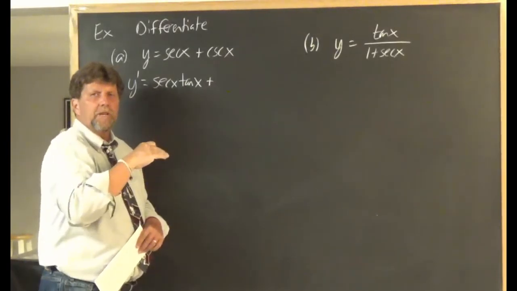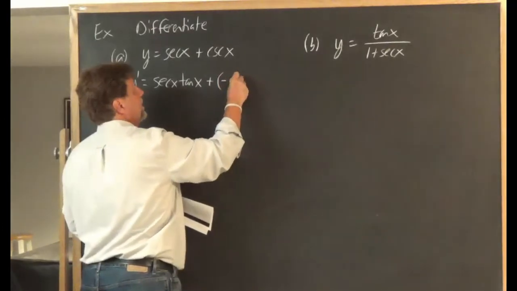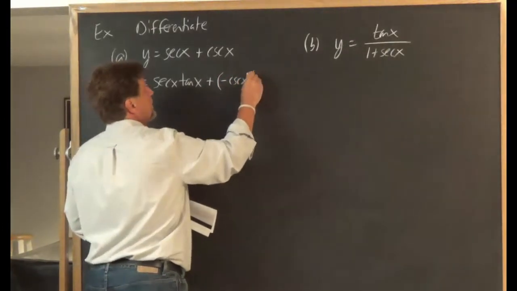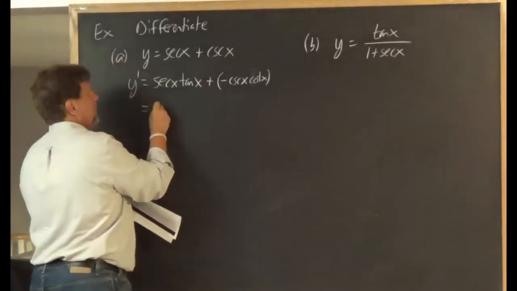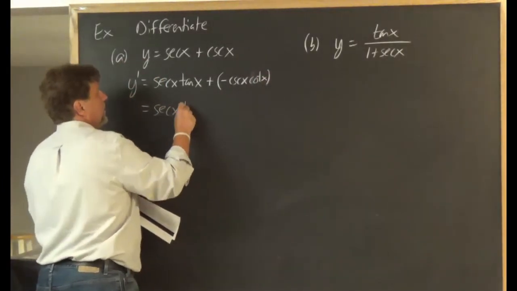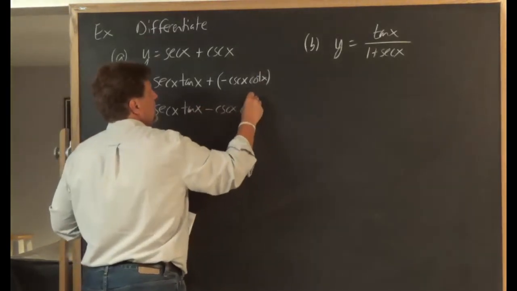And then I have to remember there's a negative sign in front. So the derivative of cosecant is negative cosecant cotangent, which I would write as the final derivative like this.